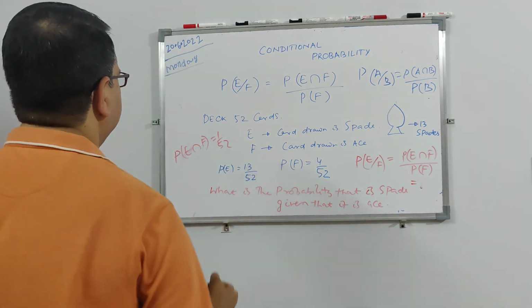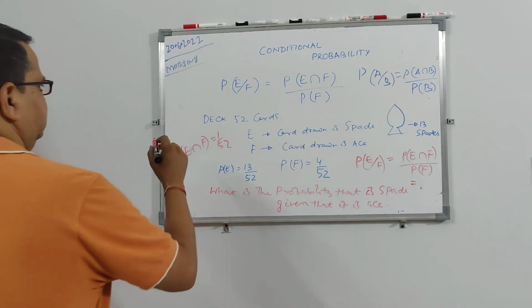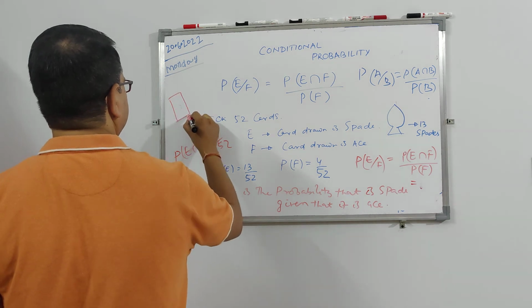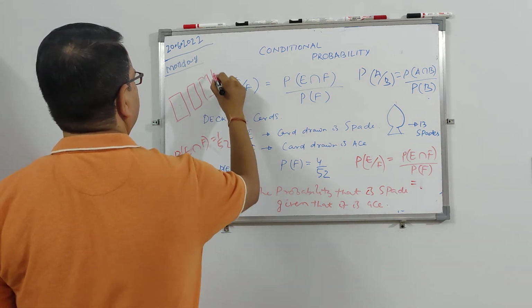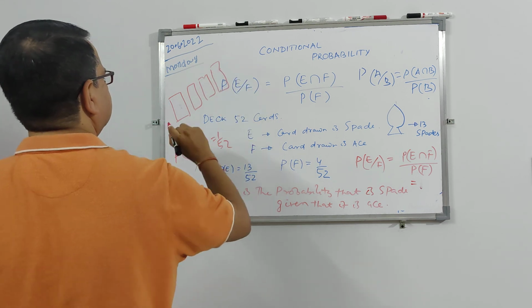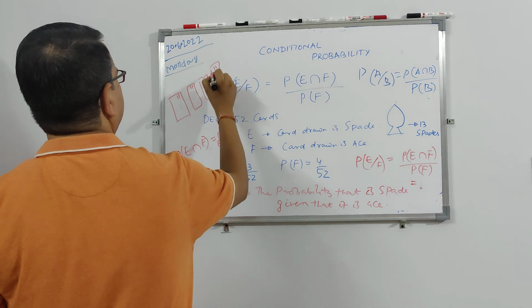You will have 4 aces, so you will have 4 cards. These are all aces.